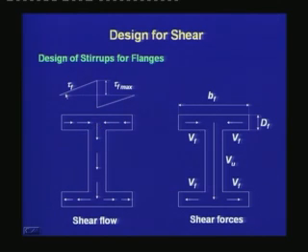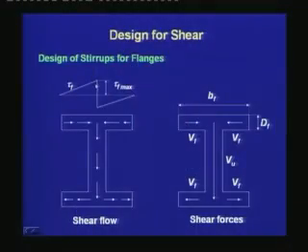Correspondingly, the shear stress, which is the shear flow divided by the width of the flange, increases from 0 to a maximum value at the center of the flange, and on the other side of the flange the variation is similar, but the sign is in the opposite direction. This is the variation of the shear stress in the flange of a beam. Then the shear flow goes down vertically and then it spreads out in the bottom flange in the same way as we have seen in the top flange.